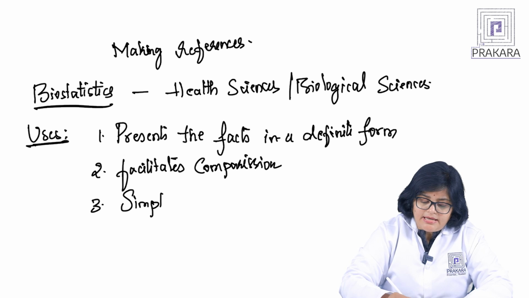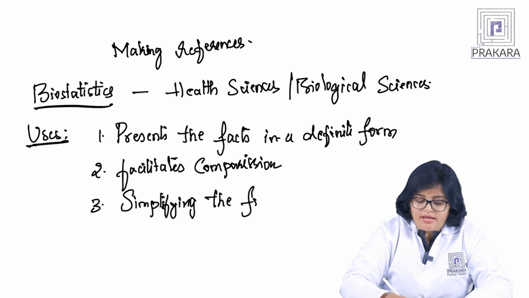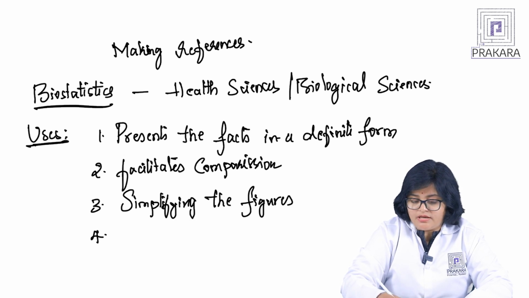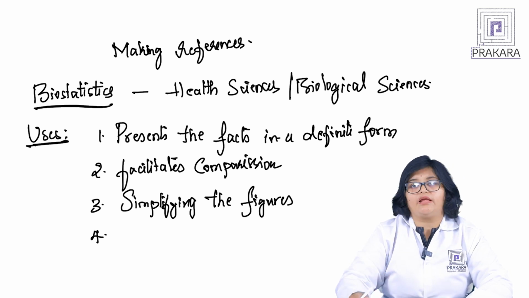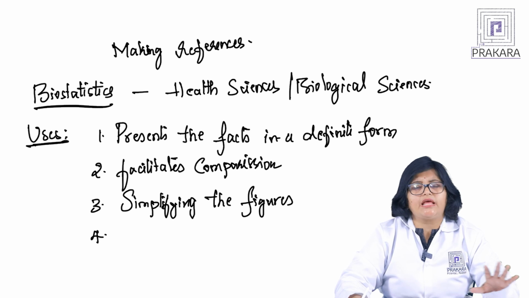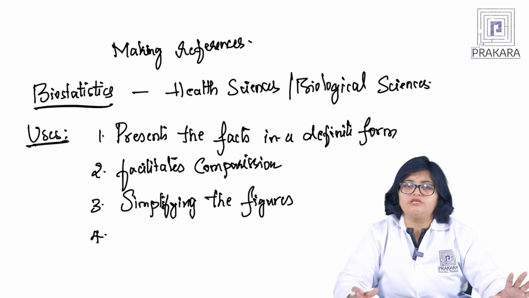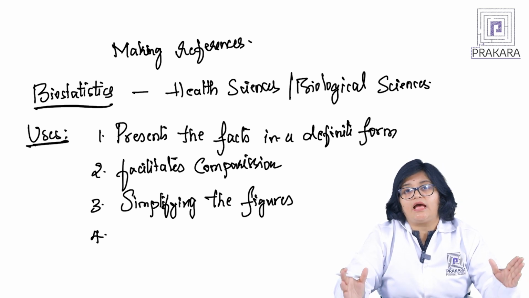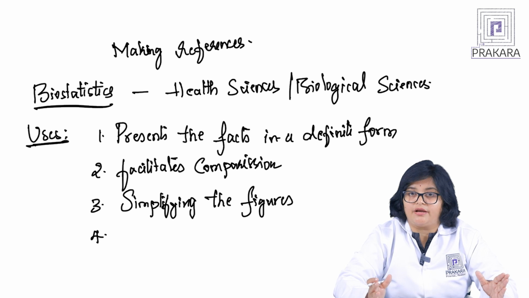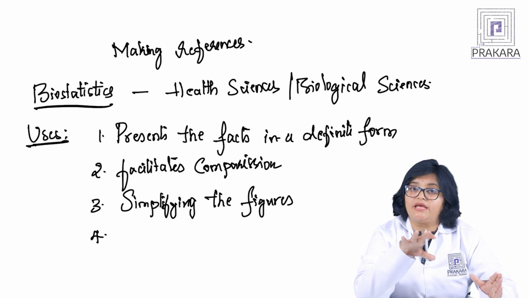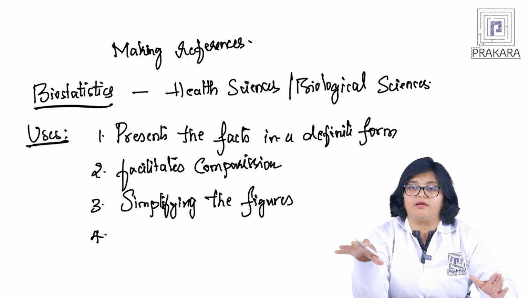And then the next use is simplifying the figures. What are the figures here? Figures are nothing but the values. We will get enormous data while performing research, in any field, and that data has to be simplified. How do we simplify? Simplifying here is not like deleting some data.